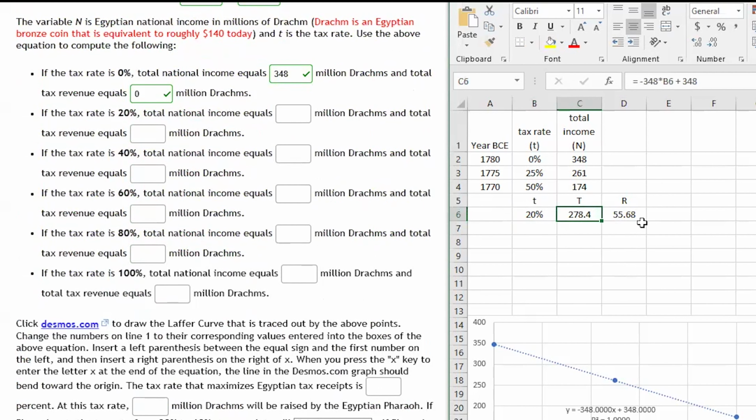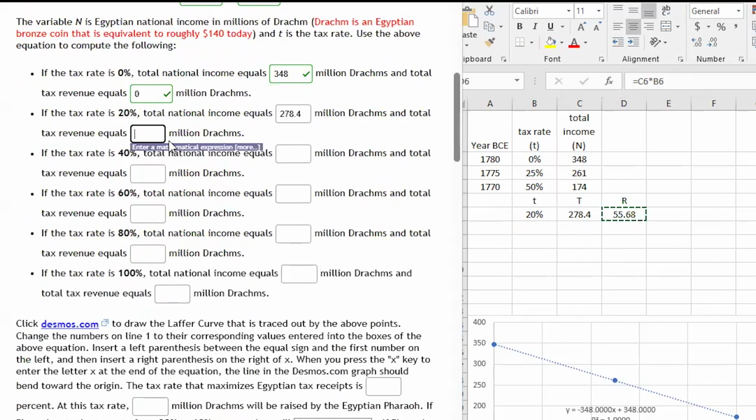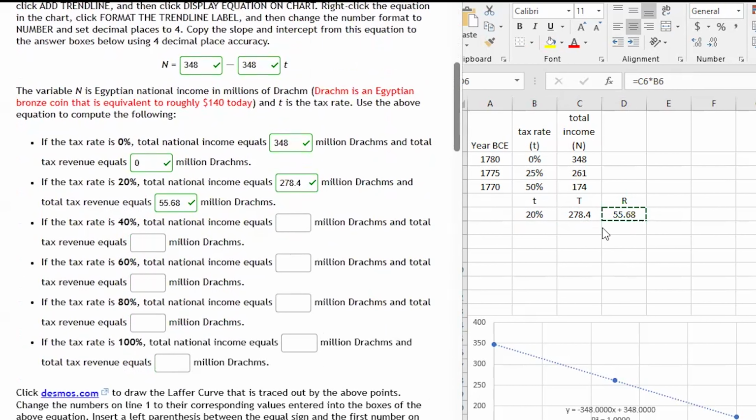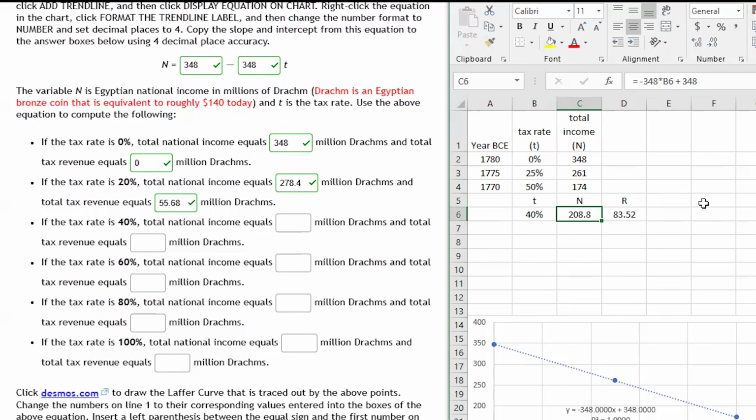That brings down total income, but revenues rise to 55.68 million drachmas. If the tax rate is 40%, national income, that should be N, national income, is 208.8 million drachmas. And 40% of that national income is the tax revenue the government collects.